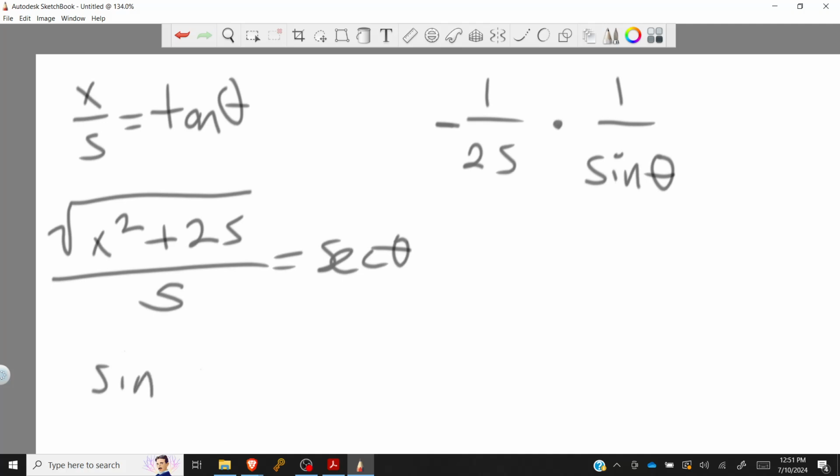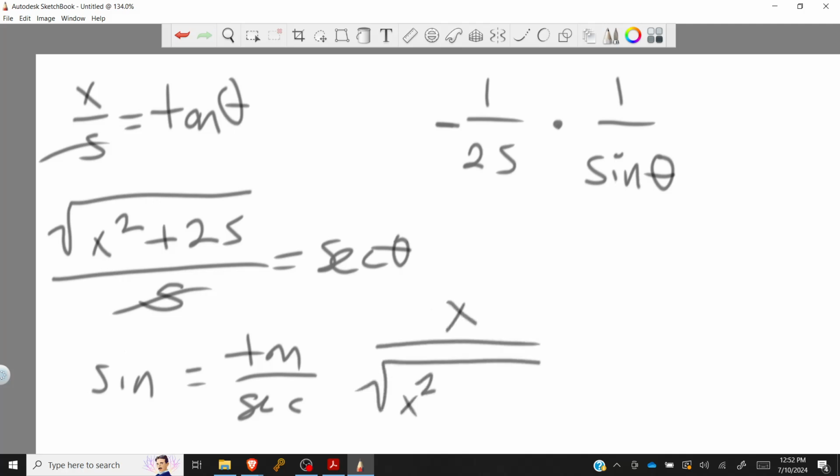And sine is equal to tan over secant. So we'll just take x over 5 over the square root of x squared plus 25 over 5. And when we do that, these 5s will cancel out, and we'll be left with x over the square root of x squared plus 25. But that's going to be on the bottom.